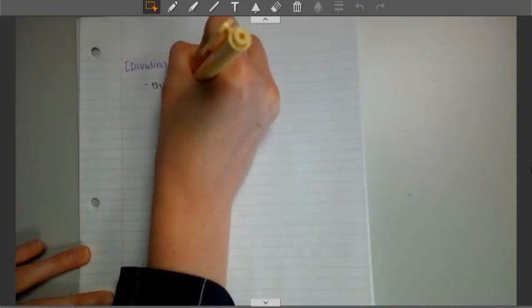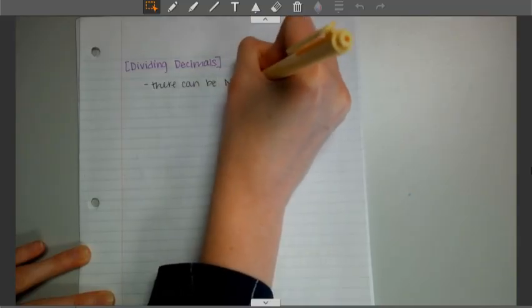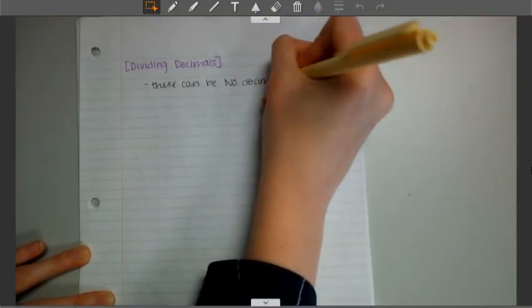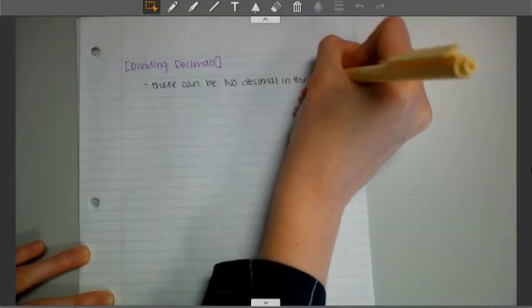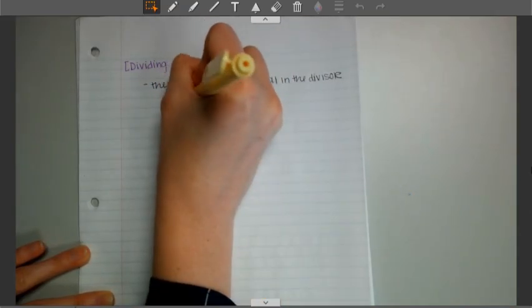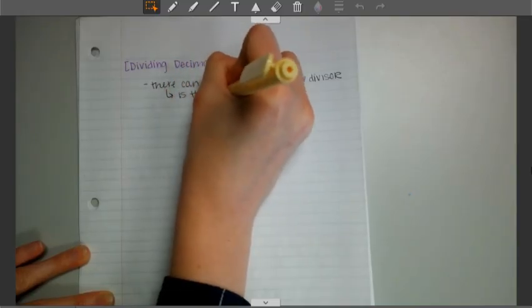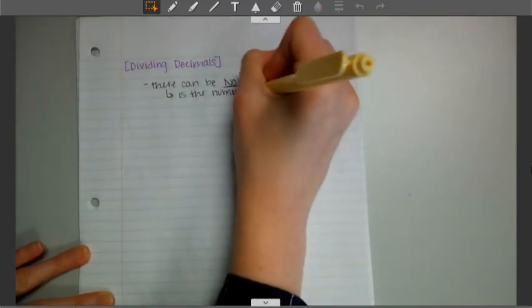First rule for dividing decimals is there can be no decimal in the divisor. Well, what is the divisor? The divisor is the number outside the division sign.